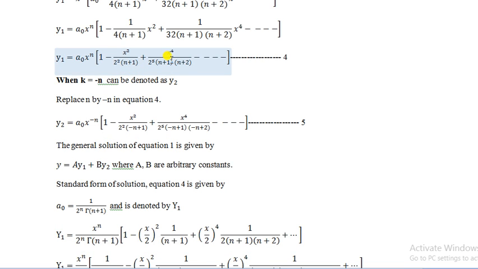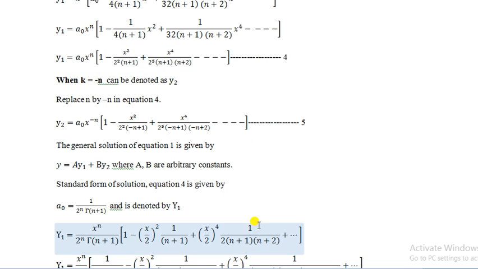But in the third term, the power of numerator and denominator become 4 and 5. So x raised to 4 and 2 raised to 5. For convenience, we express this 2 raised to 5 as 2 raised to 4 into 2. So then we combine x raised to 4 and 2 raised to 4, that becomes (x by 2) raised to 4, and write the another 2 in the denominator.